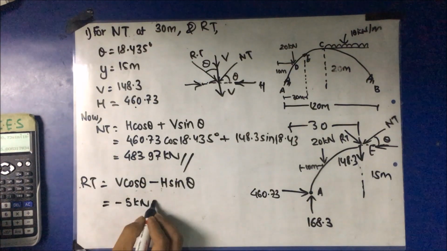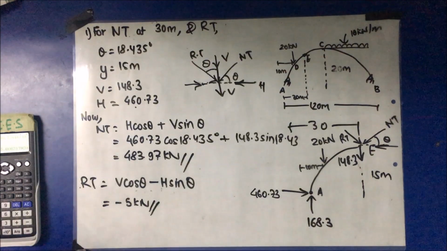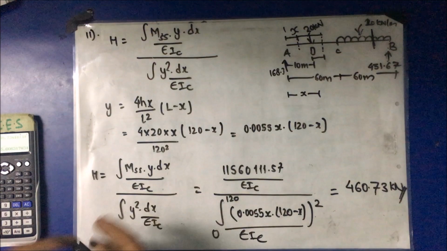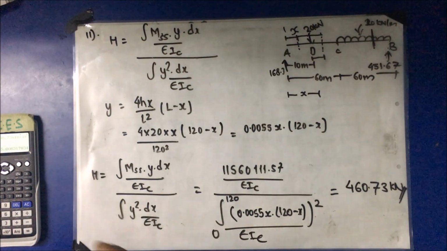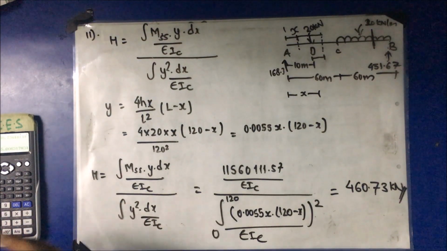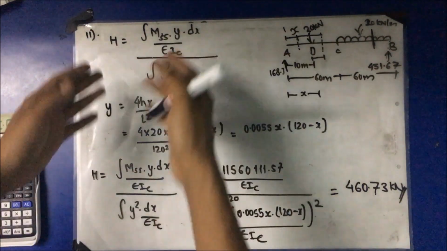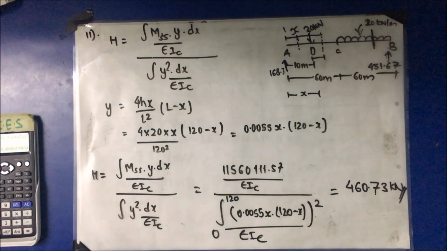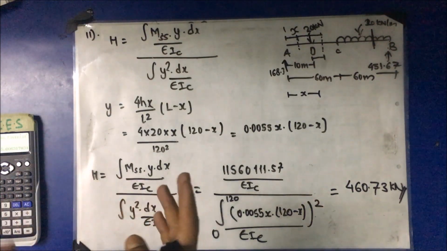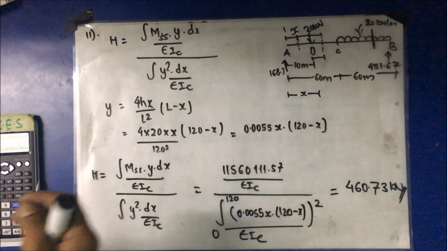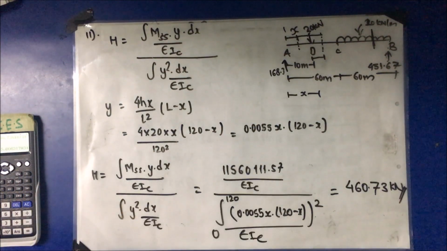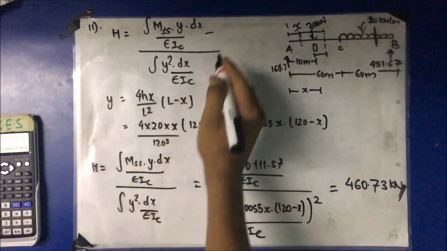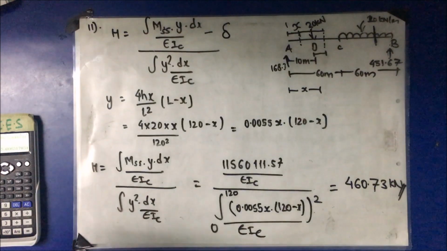5 kilonewton. If we are provided yielding of support, then we have to consider it in the horizontal thrust. In case you are provided with some yielding at support, rib shortening effect, temperature effect, then it has to be considered in the horizontal thrust calculation. For example, if support B yields by 10 mm, then you have to subtract the yielding value, that is delta.